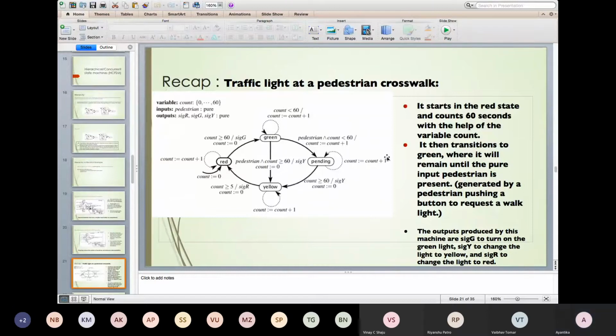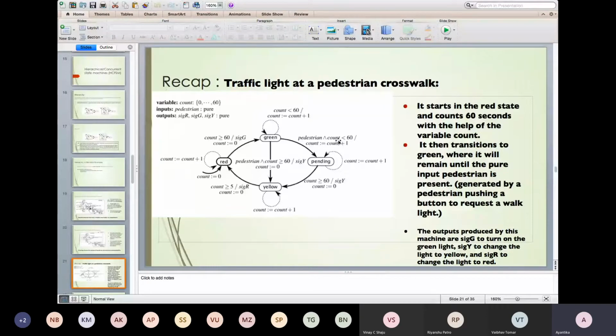The next statement in my specification is that it then transitions to green, where it will remain until the input pedestrian is present. You can see we have this input pedestrian that is deciding my next transition. Now there may be two possibilities.